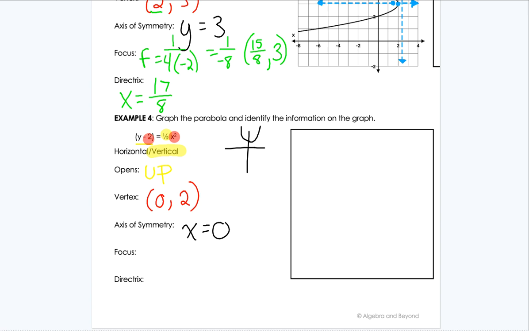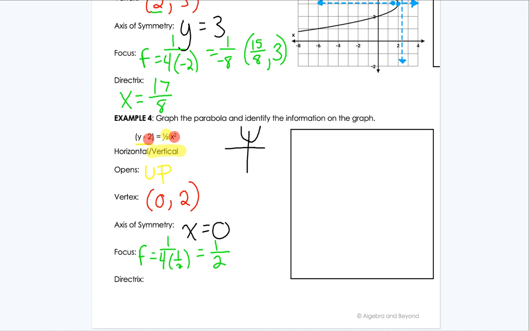Now we're going to find that focal distance again so we can figure out where the focus is compared to the vertex. I'm going to do 1 over 4 times a. My a value from the equation is 1/2. So that's going to give me 1 over 2, which means that my focus is 1/2 away from the vertex.